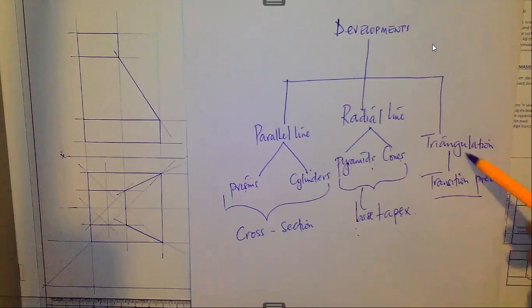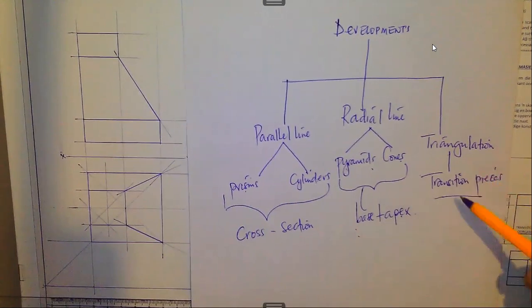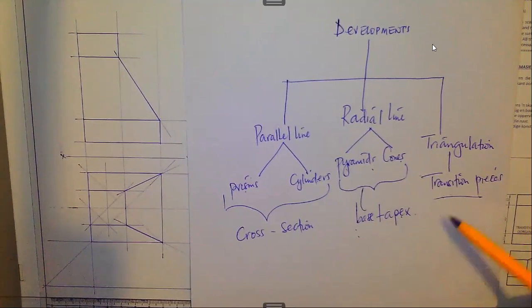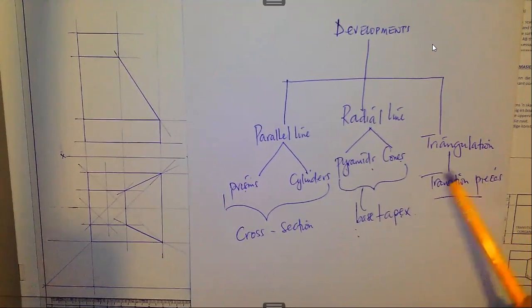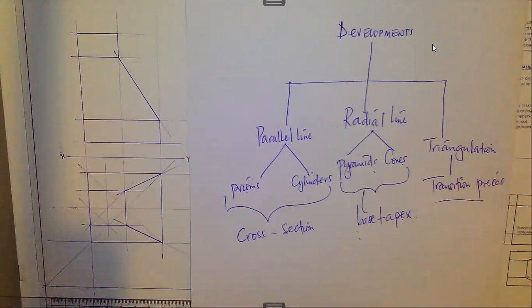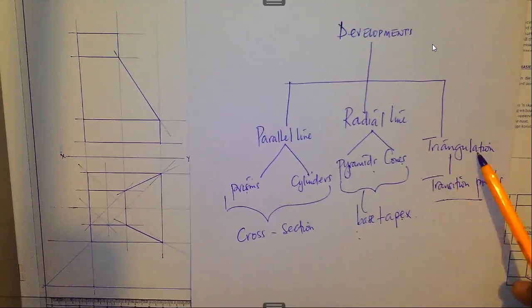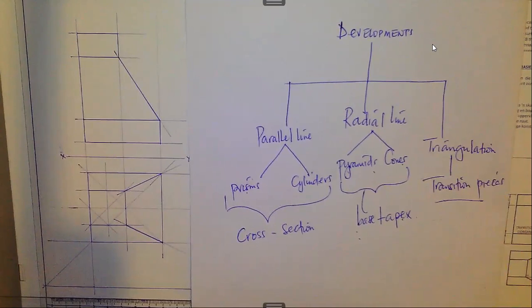Then we refer to that as a transition piece. You'd find that in most pipes that you see at big factories, you have got transition pieces. For the extraction of fumes from factories and so forth, they make use of this concept of triangulation in order to create those pipes, which are basically in the form of transition.